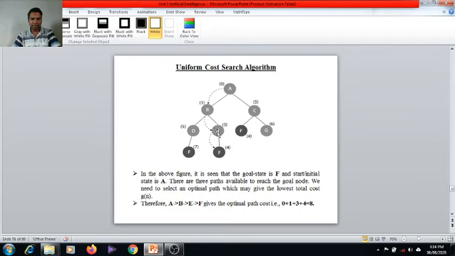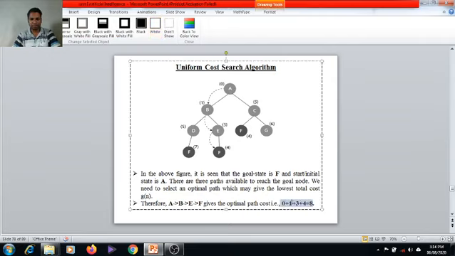After E there is only one successor, so it will be expanded towards F, and F is our goal node. So the total path traversed along the search tree is A to B, B to E, E to F. The total cost is 0 plus 1, 1 plus 3, 3 plus 4, so the total cost is 8.